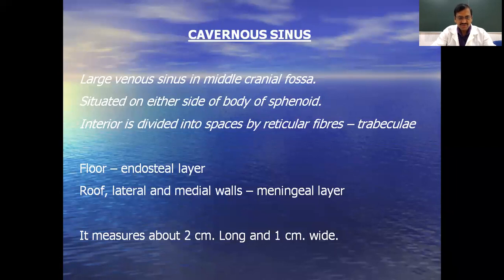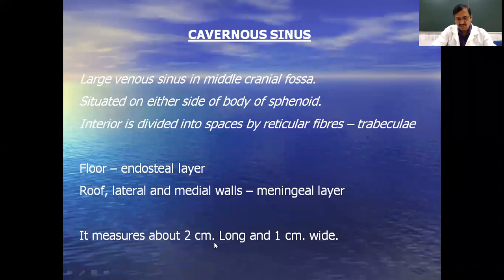This is the largest venous sinus in the middle cranial fossa, situated on each side of the body of the sphenoid bone, and its interior is divided into spaces by the reticular trabeculae. The floor is formed by the endosteal layer, while the roof, lateral and medial walls are formed by meningeal layers.